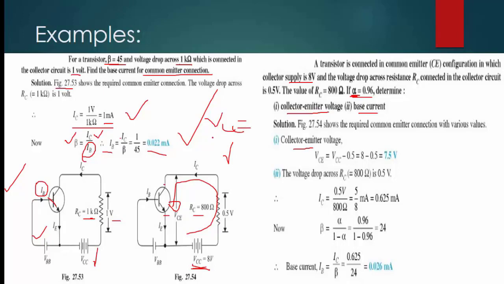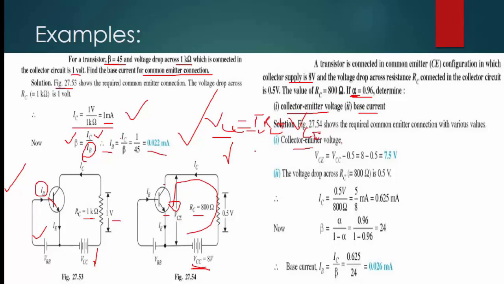So VCC is equal to, we go resistor by resistor, IC times the resistance in the collector here. Then the transistor is the whole transistor voltage, VCE.